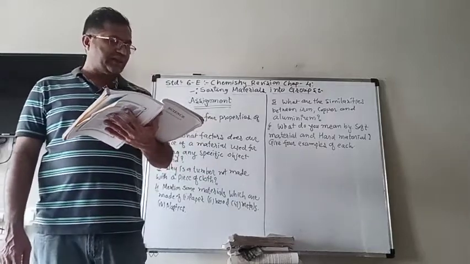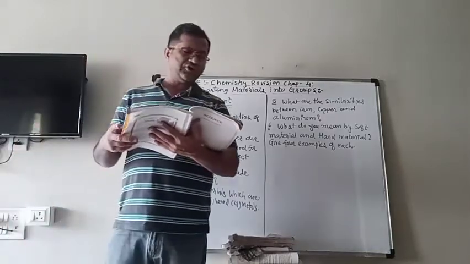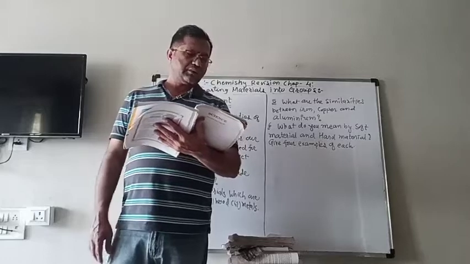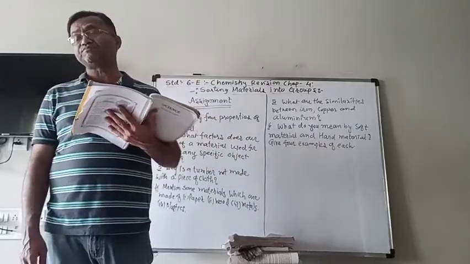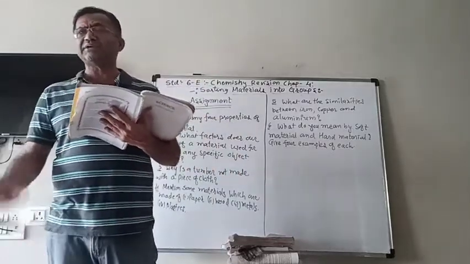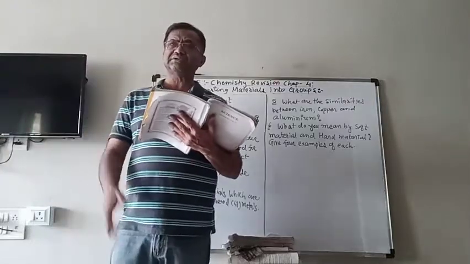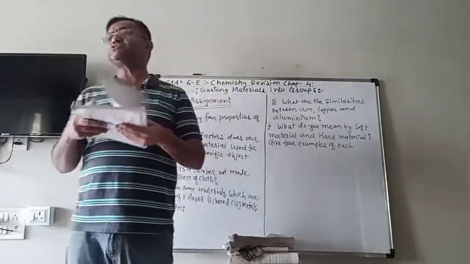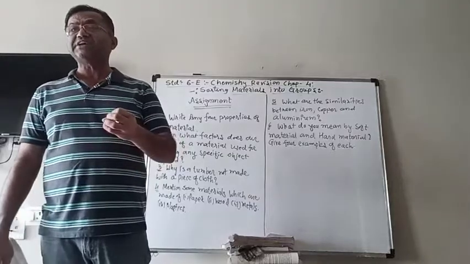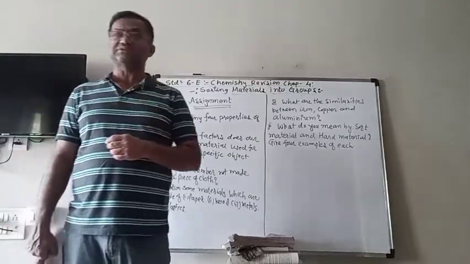Similarly, why don't we use plastic materials for cooking? Because plastic material can burn, it can melt, but we have to use metals which are good conductors of heat.